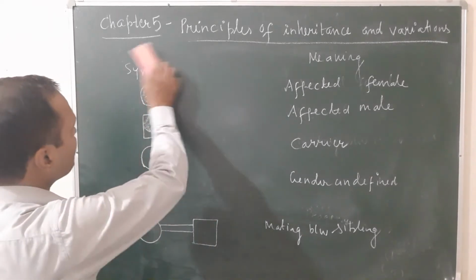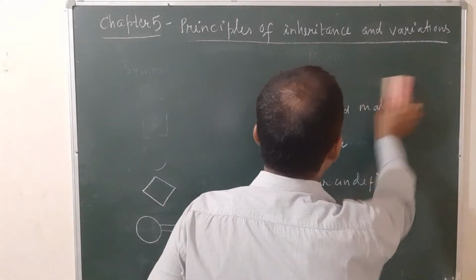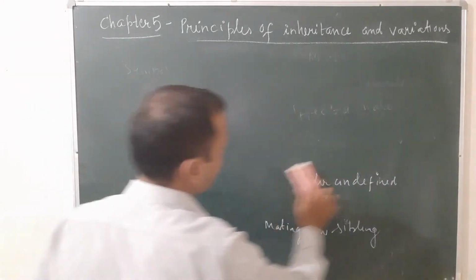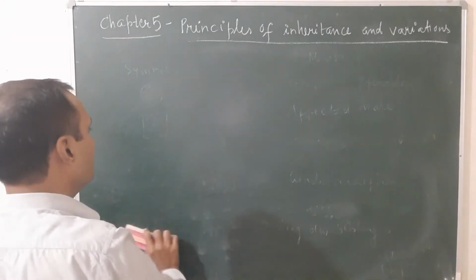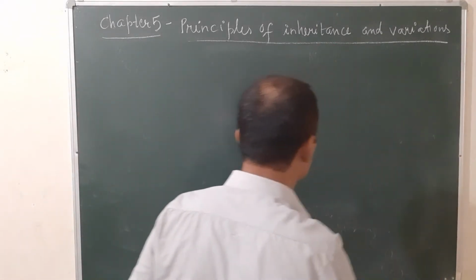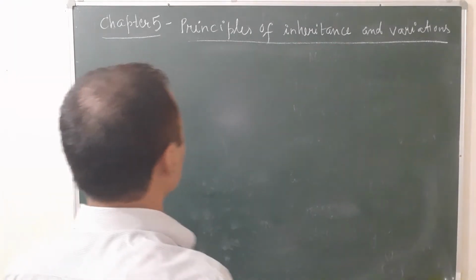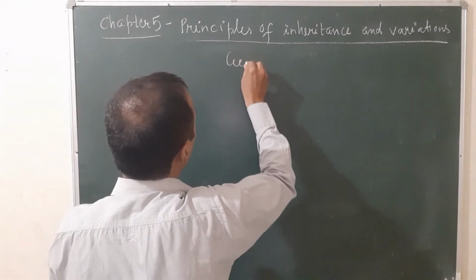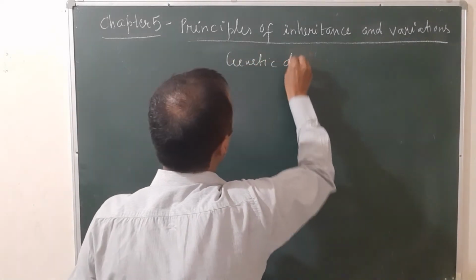Now let us see the genetic disorders. First of all you have to know genetic disorders, then you can represent the pedigree analysis. So what are genetic disorders?